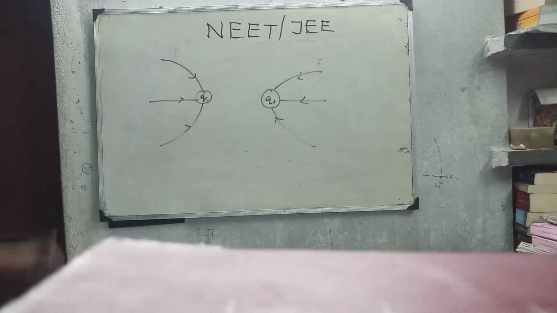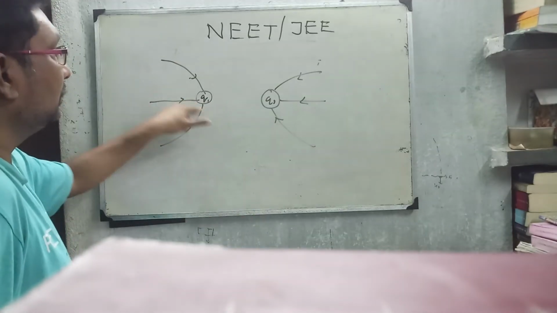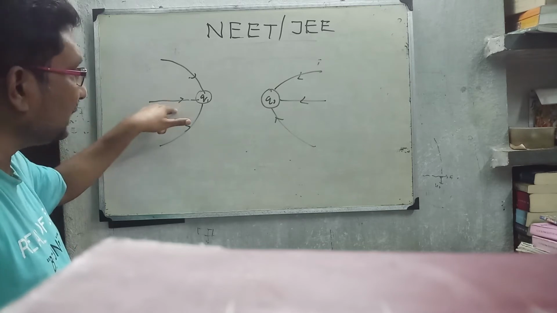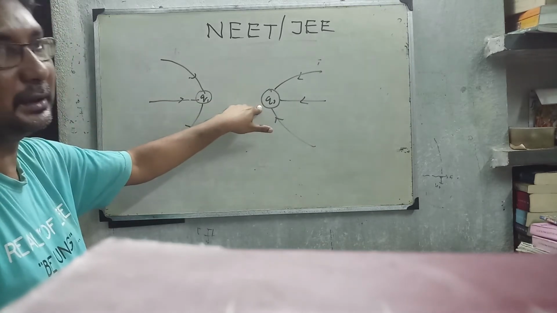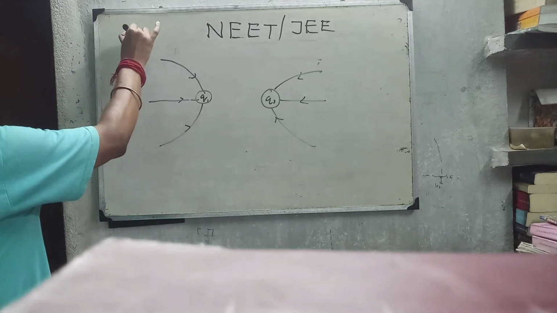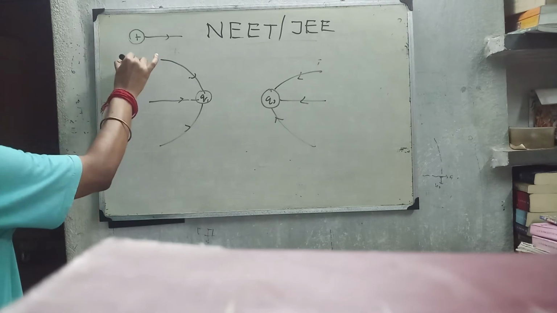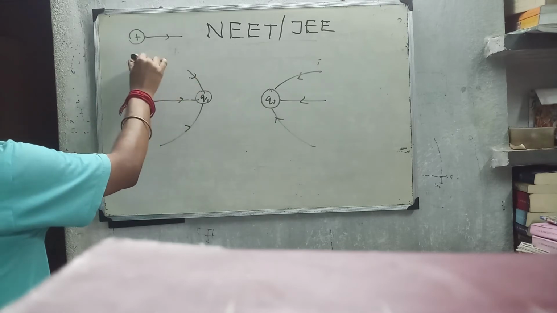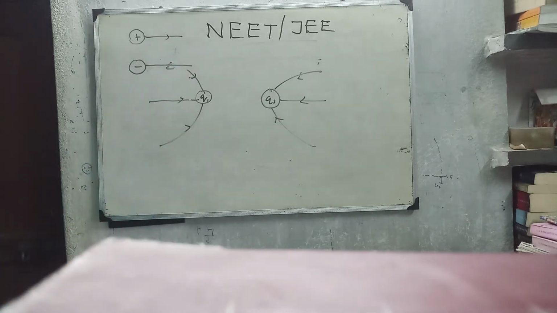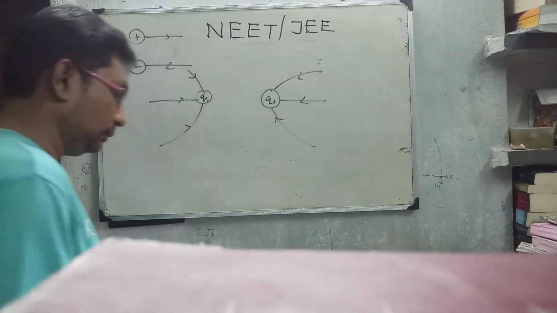As the lines of force meet up here, coming from infinity to that point, both charges are negative. Lines of force start from a positive charge towards infinity, and lines of force come from infinity towards a negative charge. So Q1 and Q2 both are negative charges. Next question.